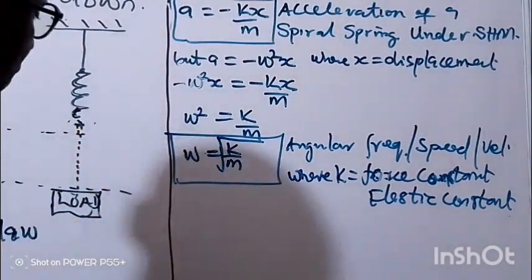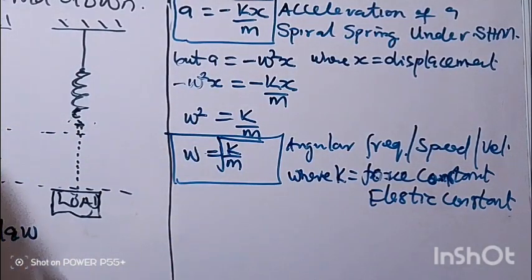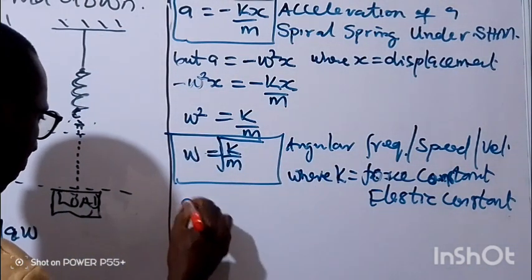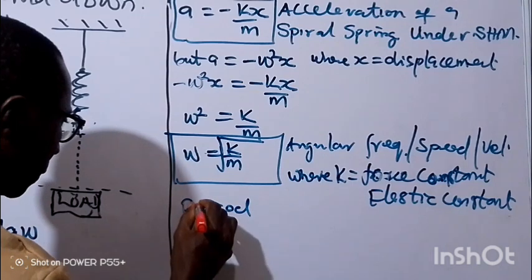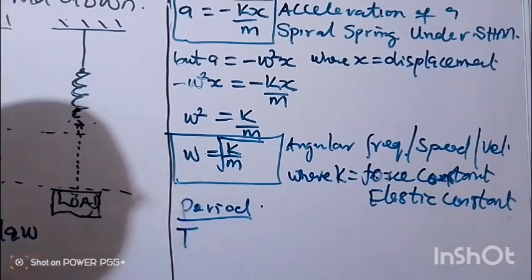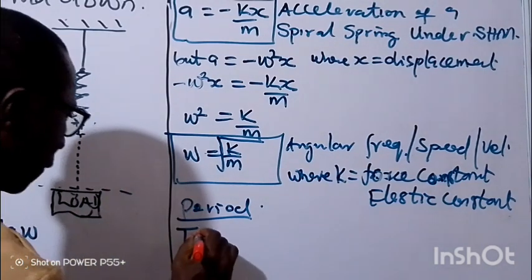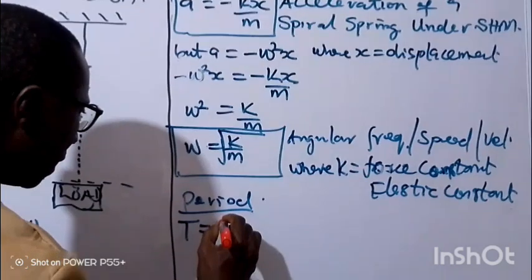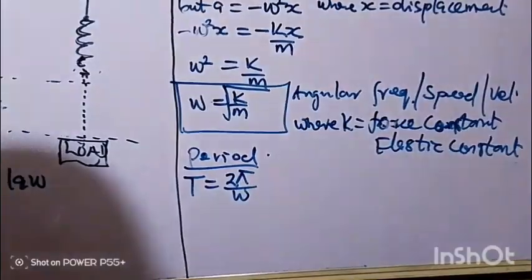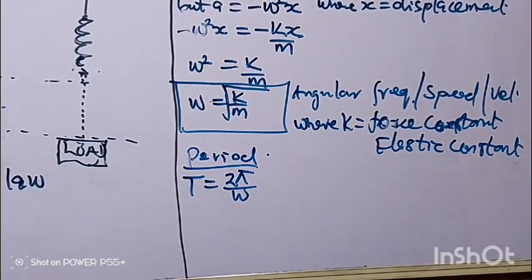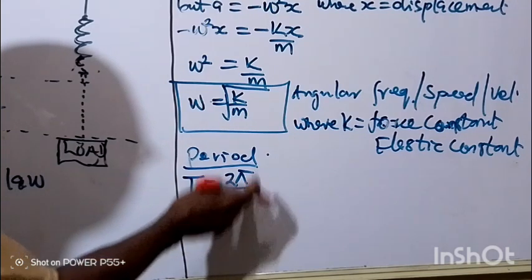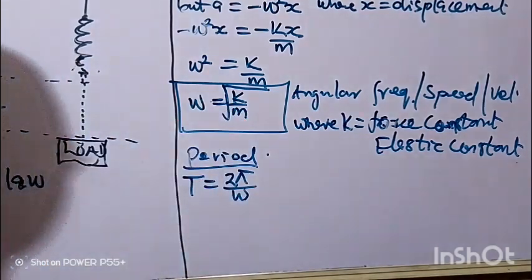Next, from here, we can now get the period of a spiral spring under simple harmonic motion. Now, period. Already we know that the symbol for period is capital T. And from the general formula of simple harmonic motion, we have period is equal to 2 pi over omega. Now, mind you, the omega or the angular frequency of a loaded spiral spring has already been calculated.